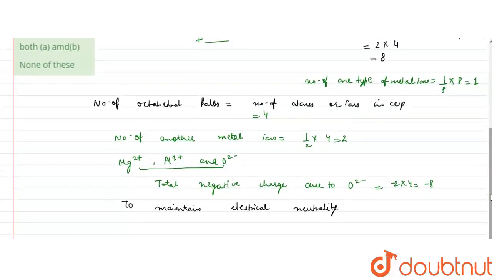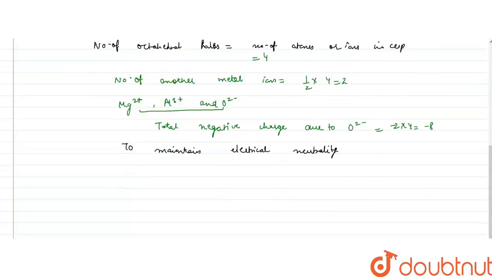So if we consider Mg2+ as the one metal, as the number of that metal is 1, it would contribute plus 2 charge, and the number of other metal ions is 2, so aluminium 3+ will contribute plus 3 into 2, so the total charge becomes plus 2 plus 6, that is plus 8.